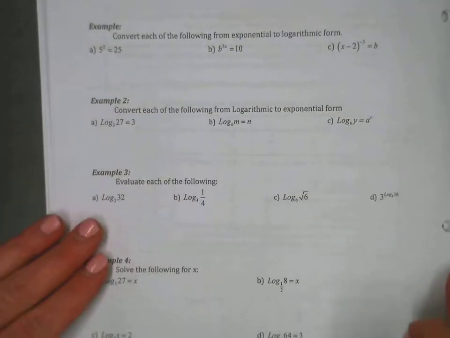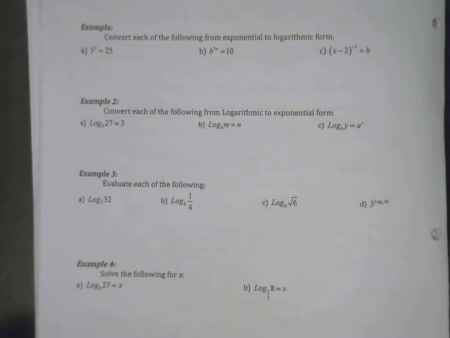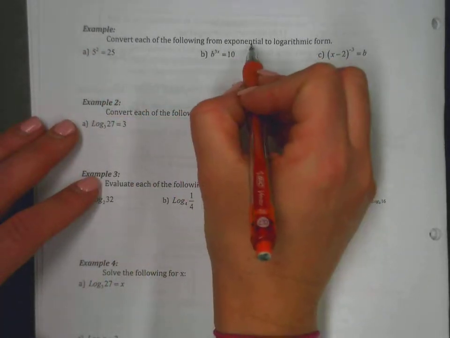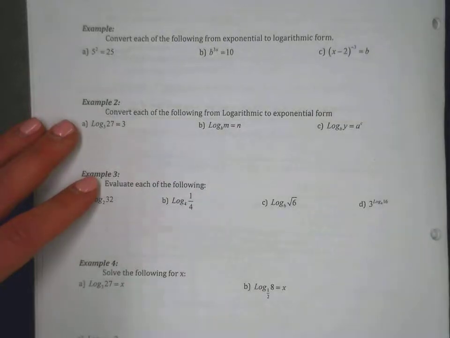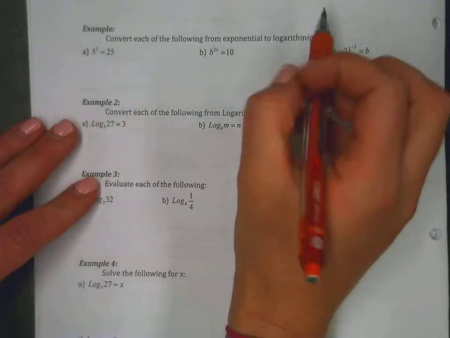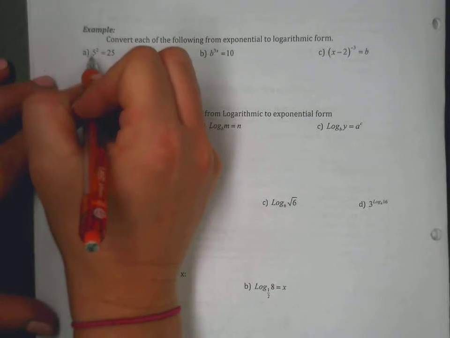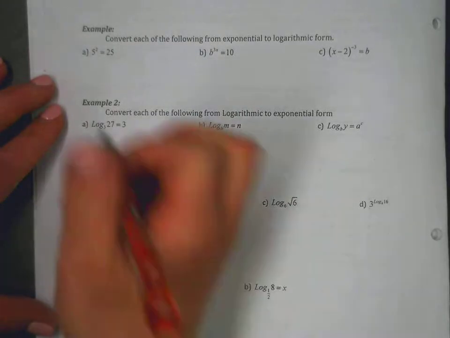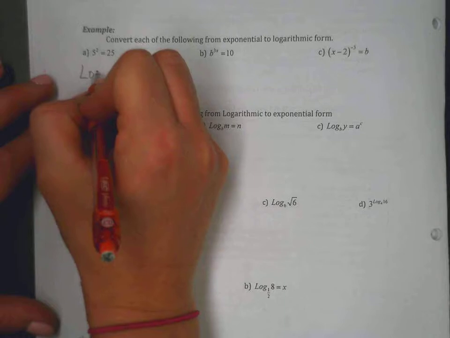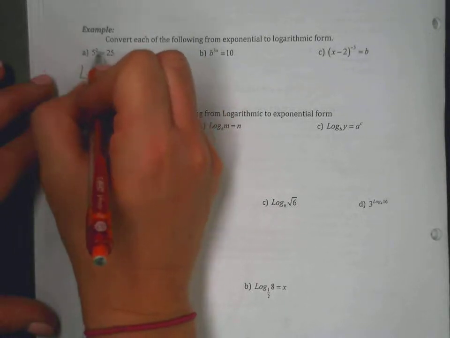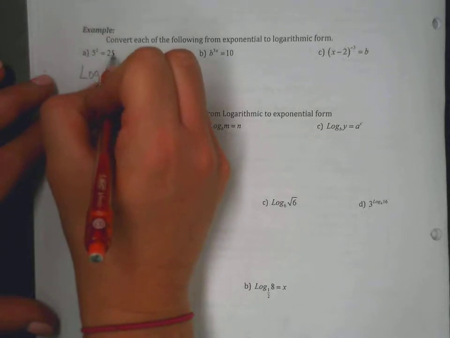So if I wanted to convert this to a logarithmic form, the base of my exponent will be the same as the base of my logarithm. So it's always log base 5 of whatever the exponential equation is equal to. That's going to become part of the logarithm. So it's log base 5 of 25. And that's always going to equate to your exponent value.